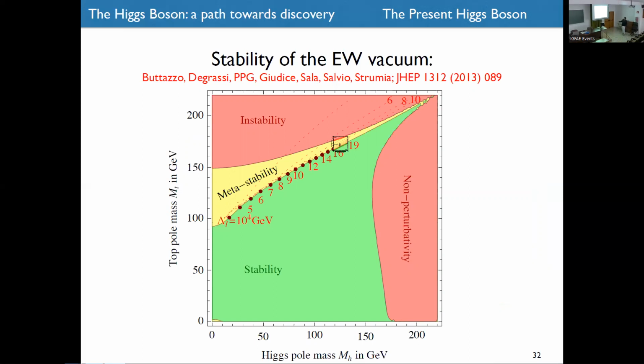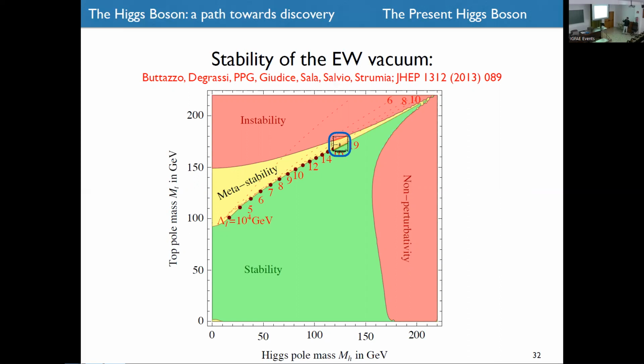So the green region is the pure stability, the red region is the pure instability, and the yellow is the metastability. Well, this region here simply means that it's a region where the standard model becomes non-perturbative, so we cannot really make a projection here. But in any case, we are here in this little circle.